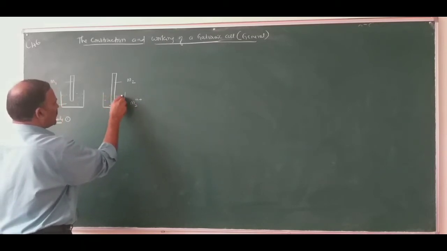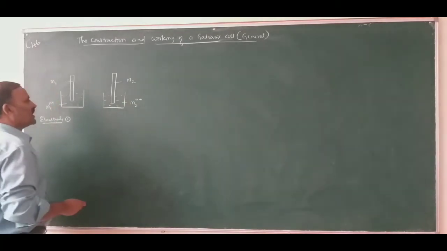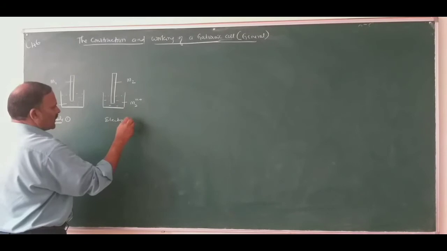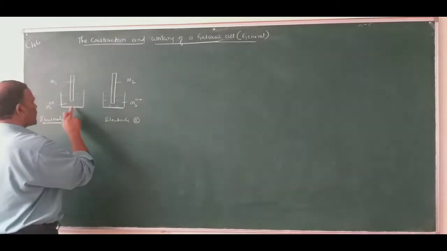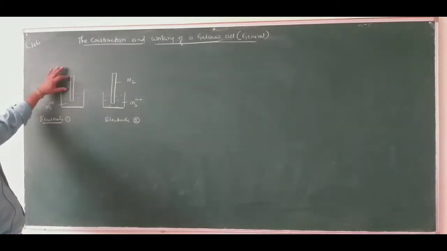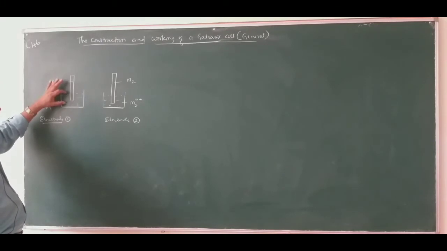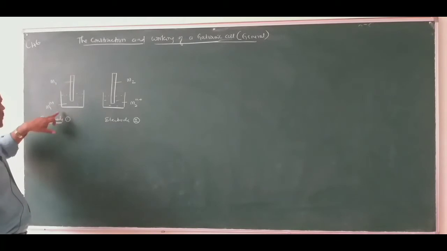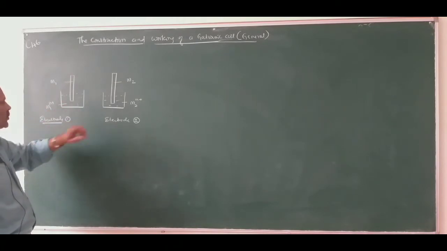When metal M2 is dipped in its ions, we get electrode 2. This is electrode 1, metal M1 dipped in its ions. This is electrode 2, metal M2 dipped in its ions.